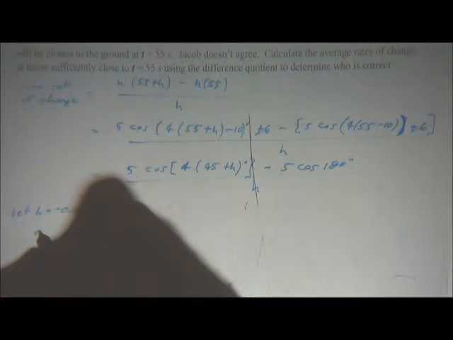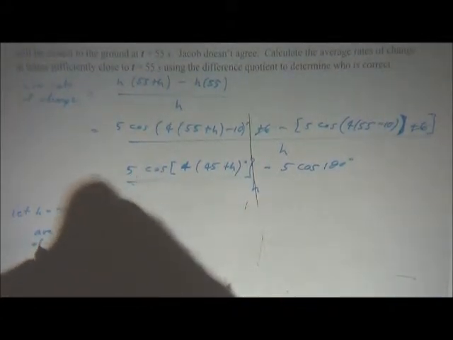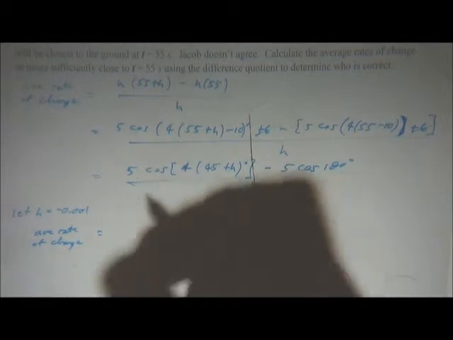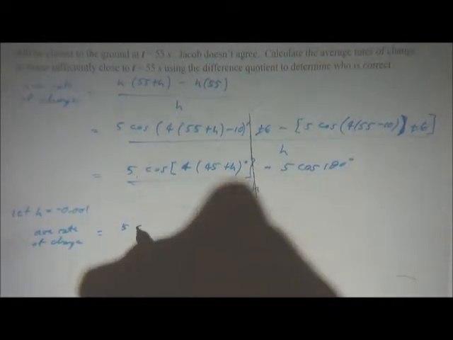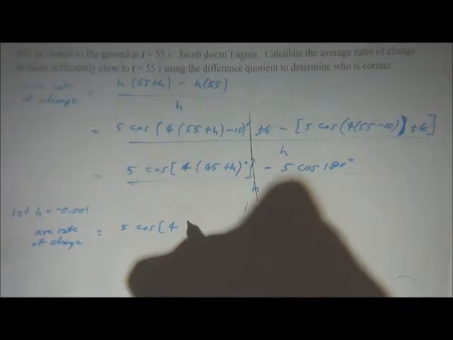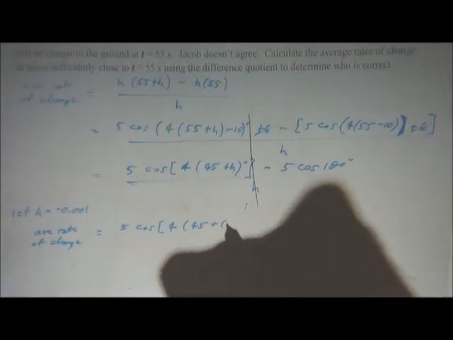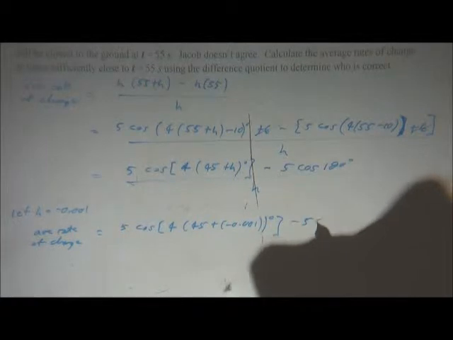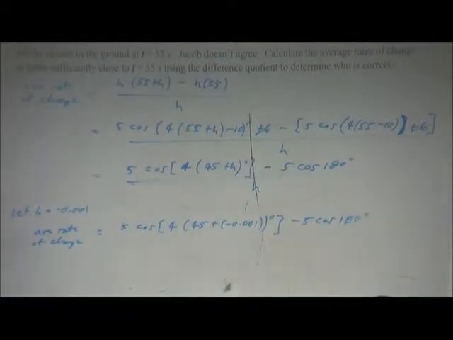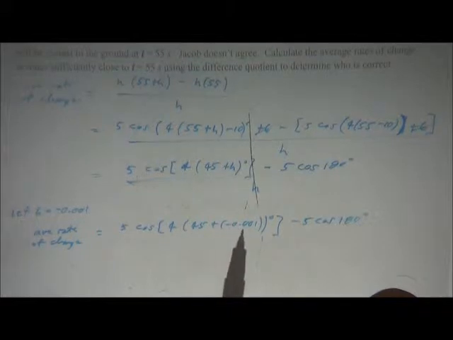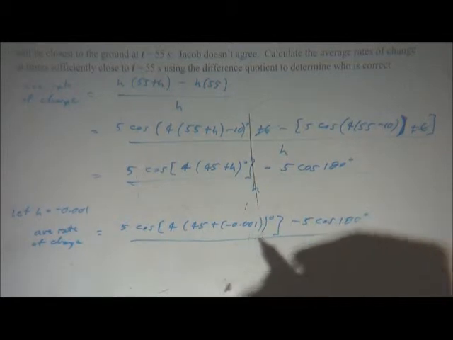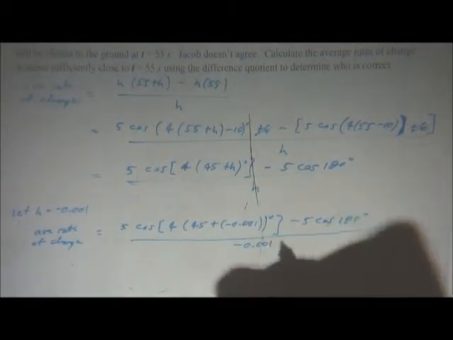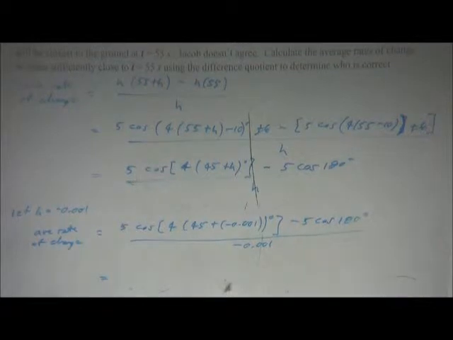So then the average rate of change, lots of brackets here. So we've got 5 cos 4 times 45 plus negative 0.001. Again, all over, and now instead of h, it's negative 0.001. We simplify all of this.